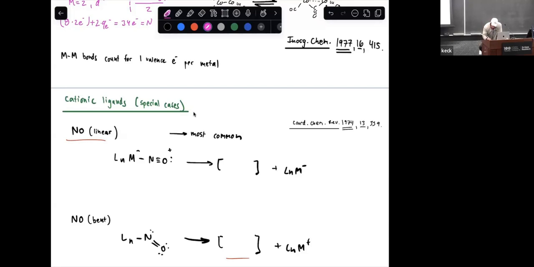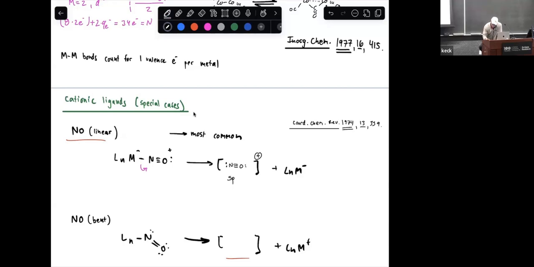With the linear NO, when you dissociate the nitrosyl ligand, you would get something that looks like this with an overall positive charge, where the nitrosyl nitrogen is linear.